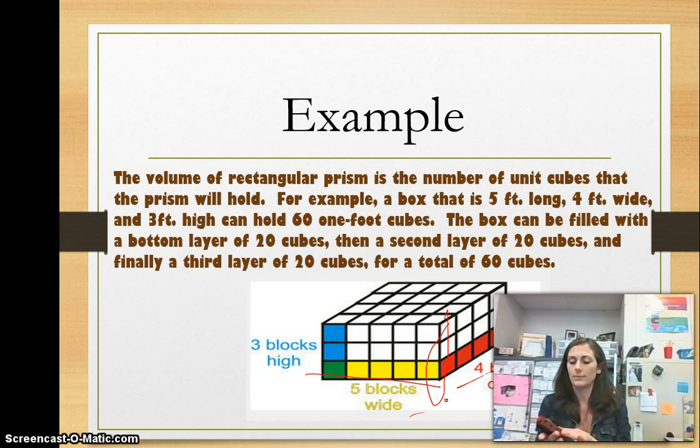So here's 5 by 4. And if the bottom layer is 20, and you have 3 of these, that would be 60 unit cubes. And you can do that just by counting the area, and then that tells you the bottom layer, and you know how many other layers there are from the height.